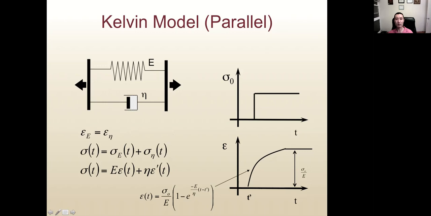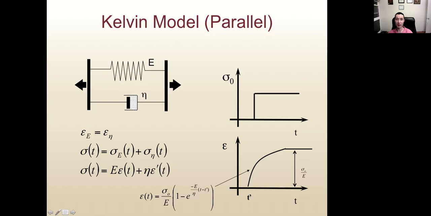And in the Kelvin model, the elastic component is in parallel with the viscous component, which means the strain of the elastic component will be the same as the strain for the viscous component. And the total stress will be the stress in the elastic component plus the stress in the viscous component.